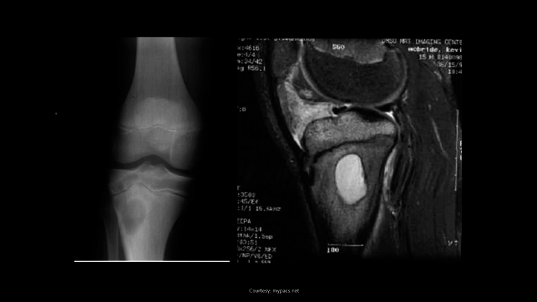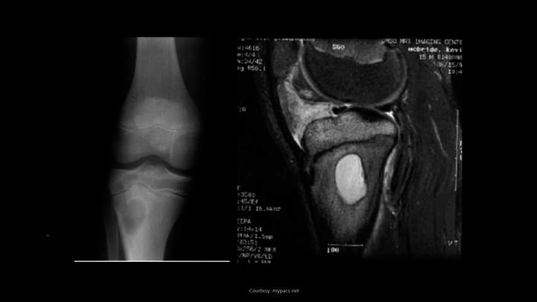Here we look at this younger individual. We have open growth plates. We can see this geographic osteolysis. There is an amount of reactive sclerosis around it. That nidus is clearly greater than 1 centimeter. So we start going down our differentials. The best ones for this are going to be a Brodie's abscess or an osteoblastoma.